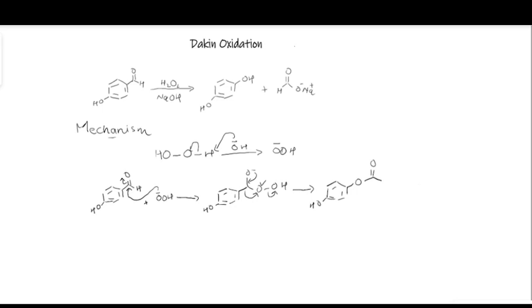And because we had started with an aldehyde, we have the hydrogen here, and it releases the hydroxyl ion in the solution. This hydroxyl ion then in turn attacks the carbonyl carbon that is formed here, and forms another tetrahedral intermediate.